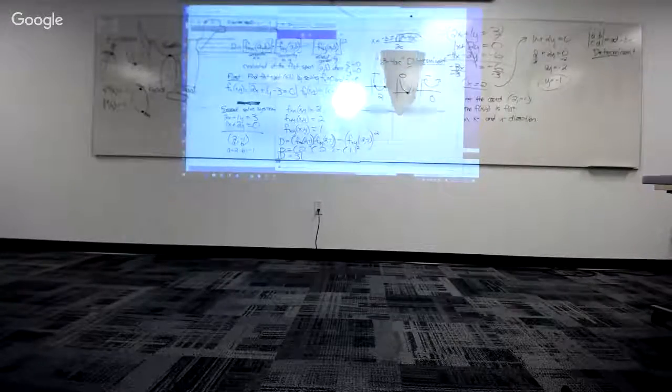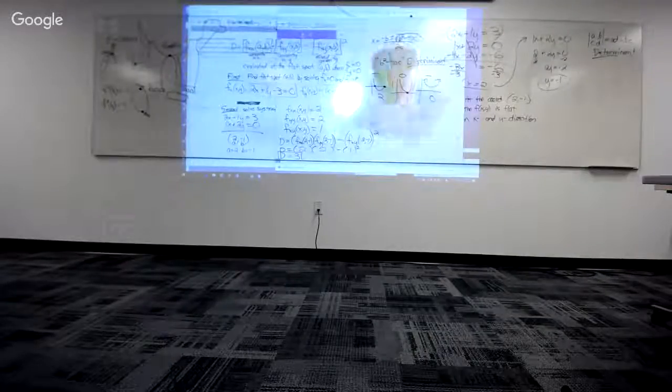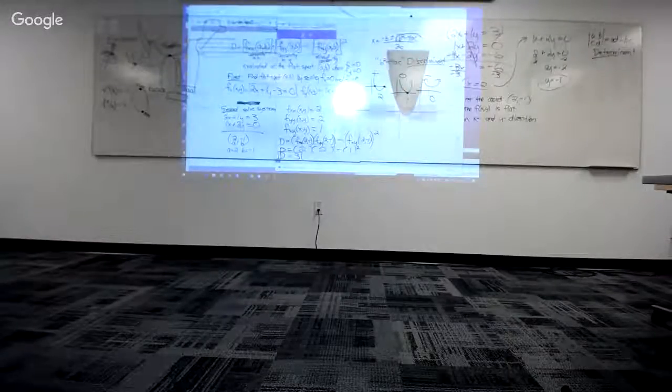The technical name is a paraboloid. So it's a paraboloid, and sure enough, does it have a maximum or a minimum or a saddle?